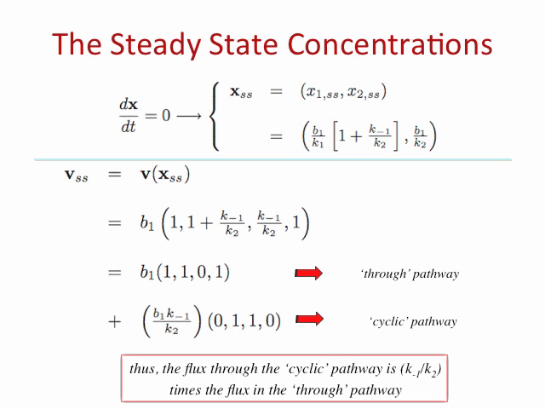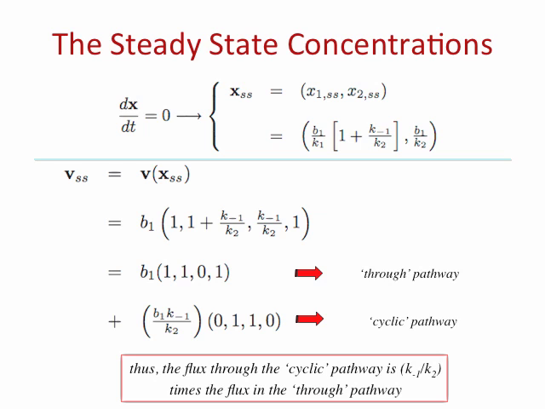I can now substitute these steady state values into the flux vector and separate it into the two basis vectors to get how the solution is spanned by the two basis vectors in the null space.